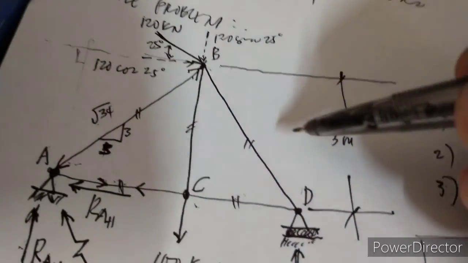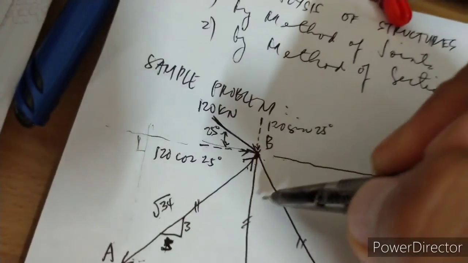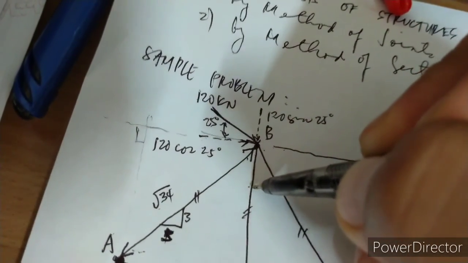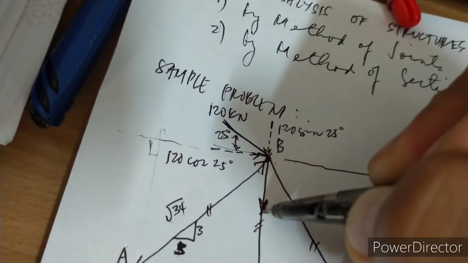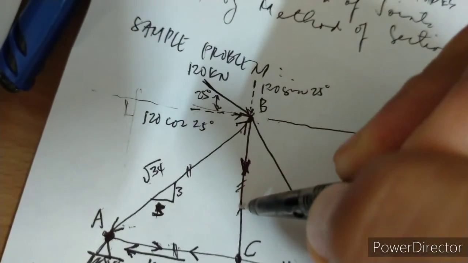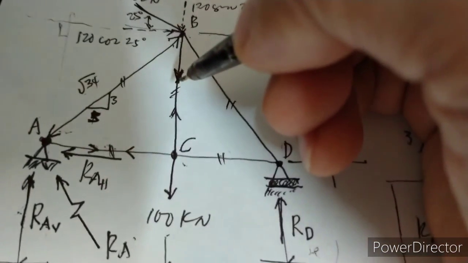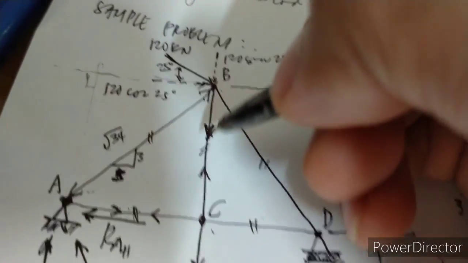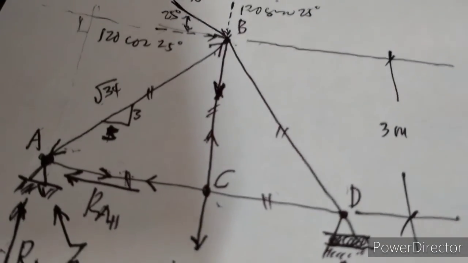Tension means going away from that particular joint, and its effect on the other joint is going away from joint C. But if later in the computation it gives us a negative answer, we simply change the direction. Next, we have AC. AC is in tension.